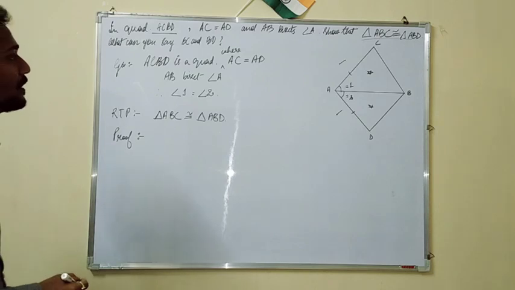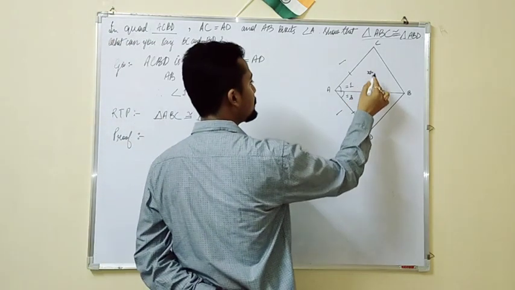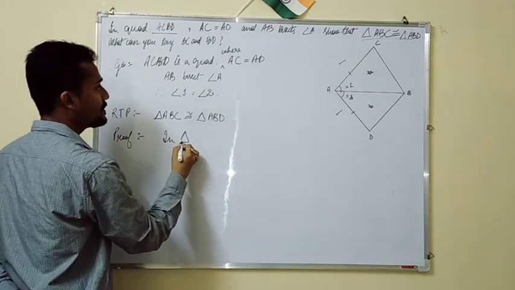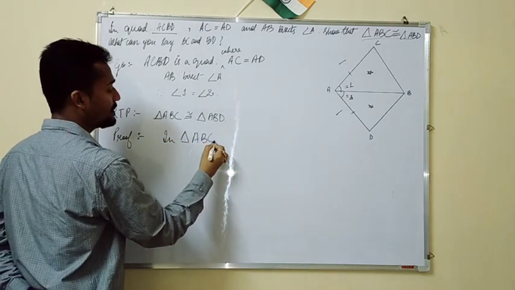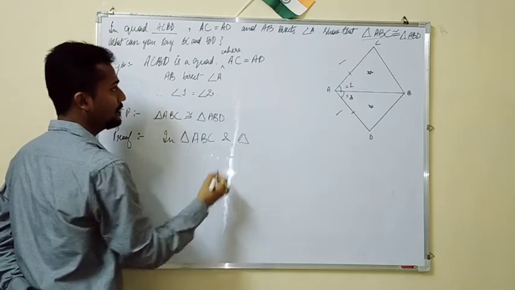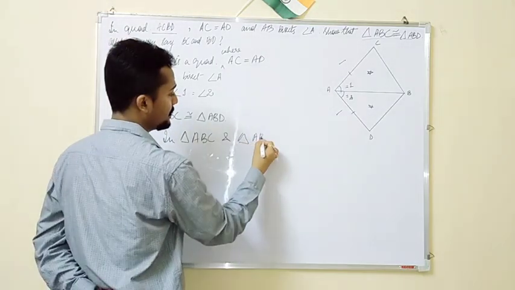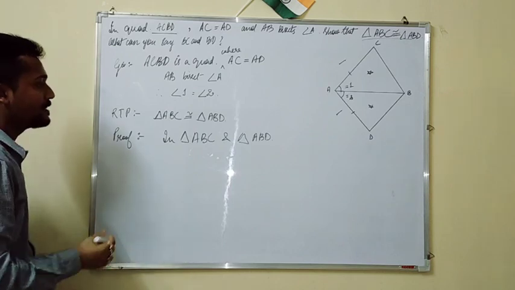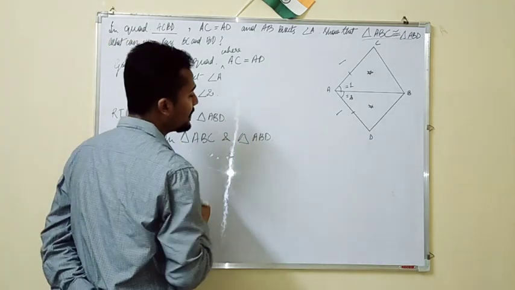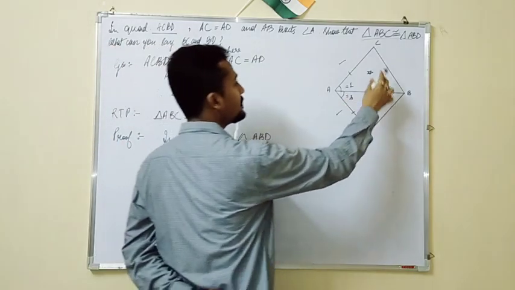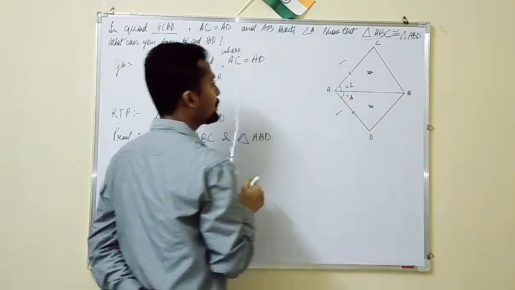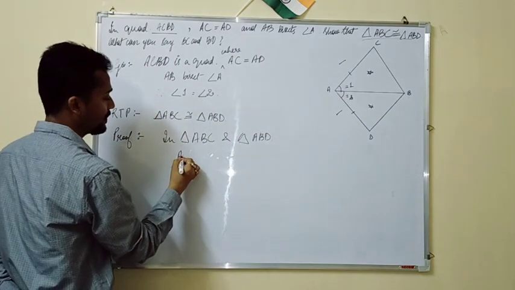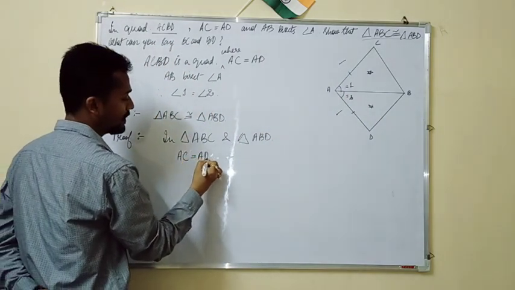In triangle ABC and triangle ABD, we will compare both the triangles. In these two particular triangles, what is there? AC is equal to AD, given.